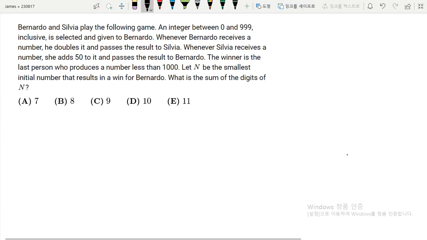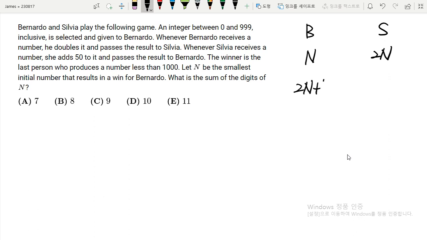So in this game, it starts with the number n, and when Bernardo receives this number, he will multiply by 2 and then give the number to Sylvia, and then Sylvia adds 50 and gives it back to Bernardo, and the process is repeating.